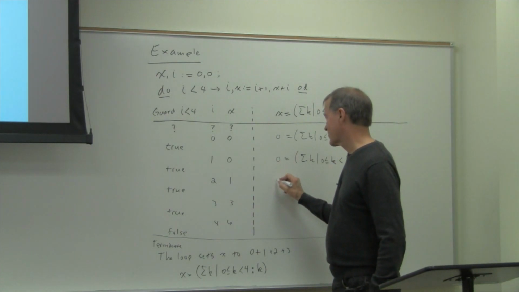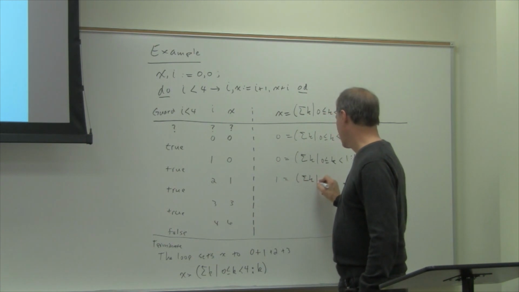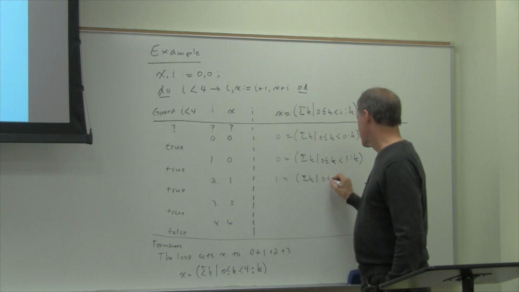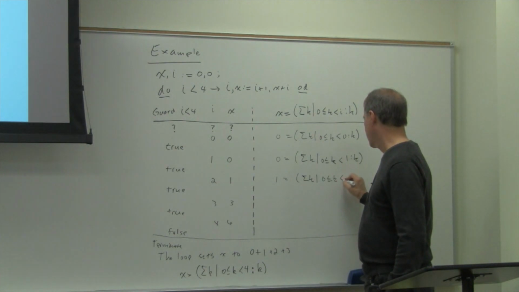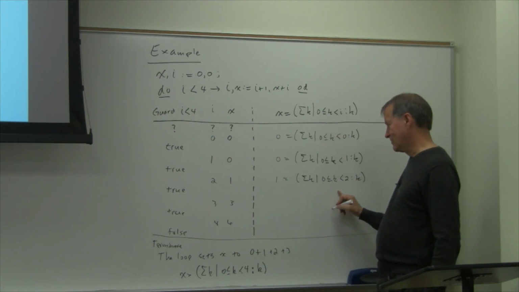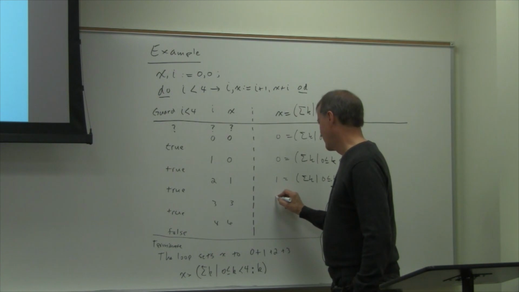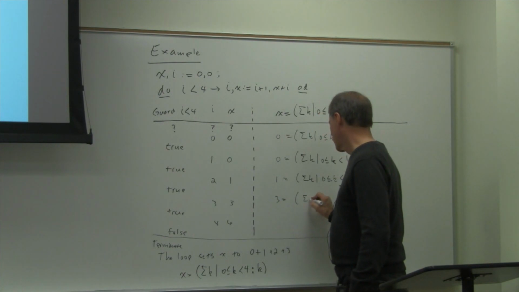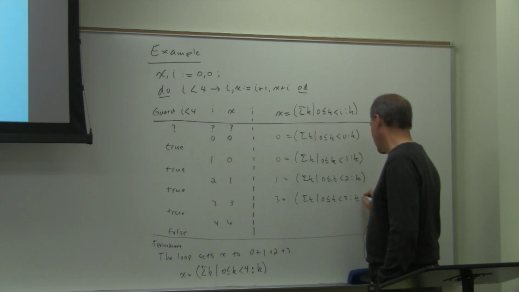And what about this? This says 1 equals sum on k, 0 less than or equal to k less than 2, body k. Is that true? Yes. And here this says 3 equals sum on k, 0 less than or equal to k less than 3, body k. That's true.